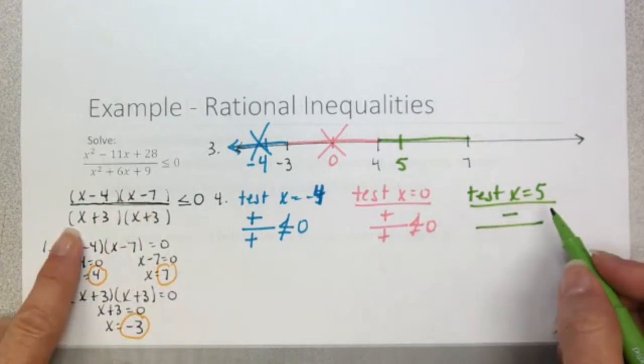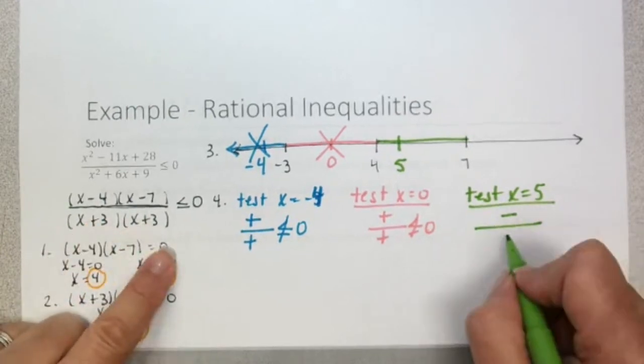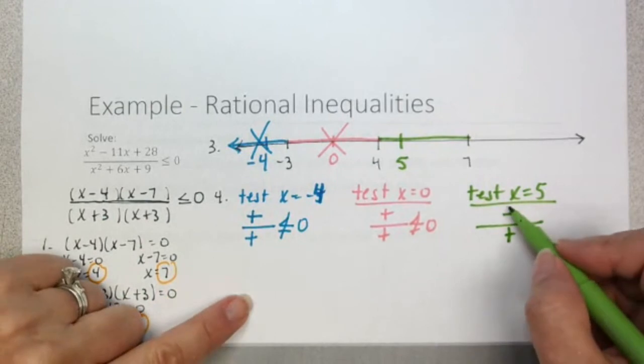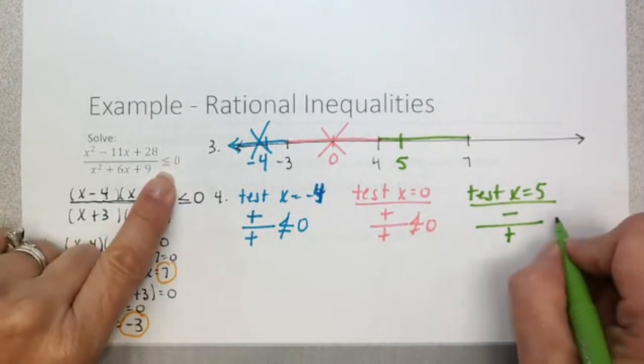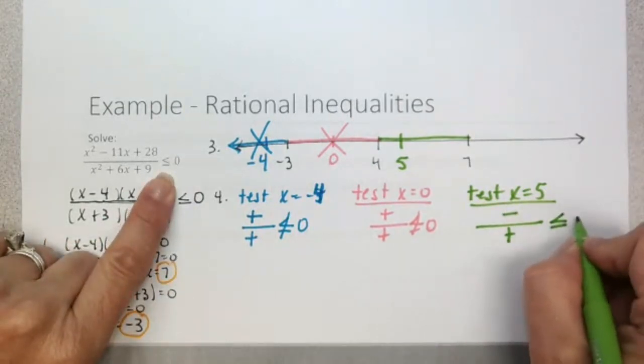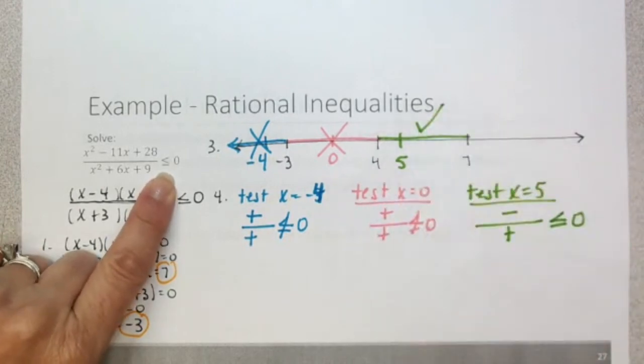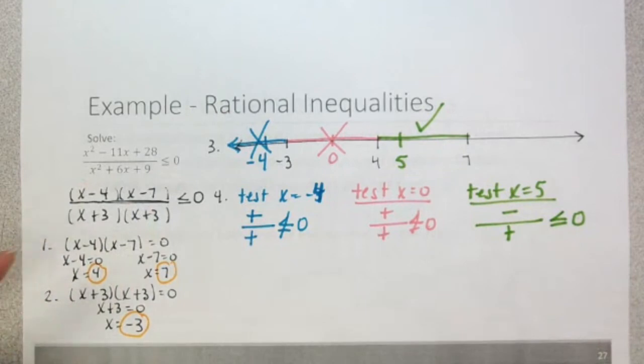The denominator is 5 plus 3, 8 times 8 is positive. A negative numerator over a positive denominator is less than or equal to 0. So that's an interval that satisfies this inequality. Okay, we want to keep those values. We have one last interval over here to test.